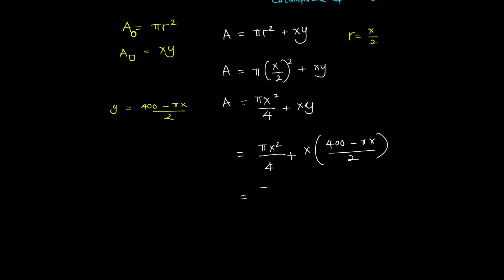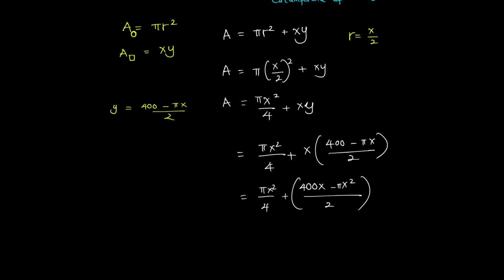Then we can multiply it in. You get 400x minus pi x squared divided by 2. So this will be your new equation.